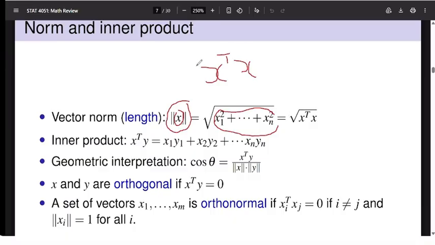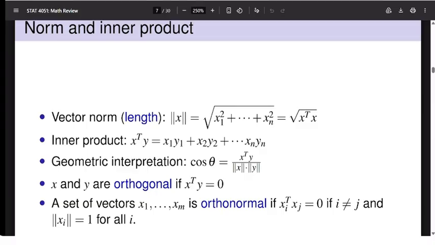So this is the same as this, because x1 multiplies x1, x2 multiplies x2. x1 times x1 is x1 squared, x2 times x2 is x2 squared, and so on. So this is in matrix form, while this is in scalar form. That is what we call the vector norm, the length.